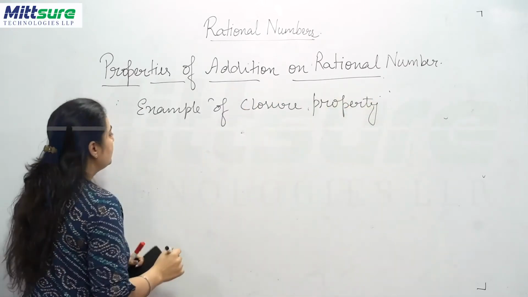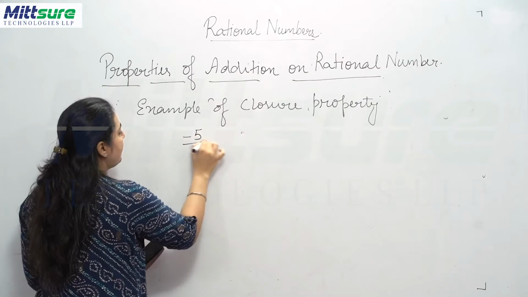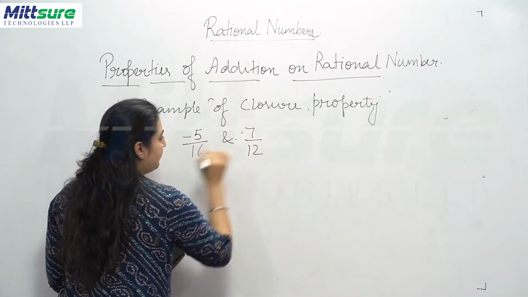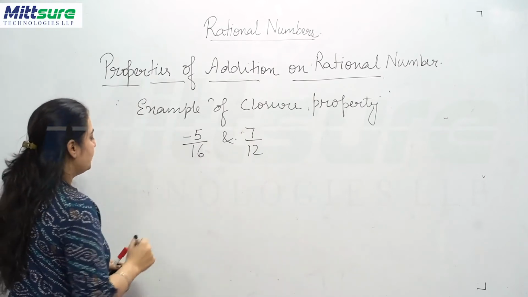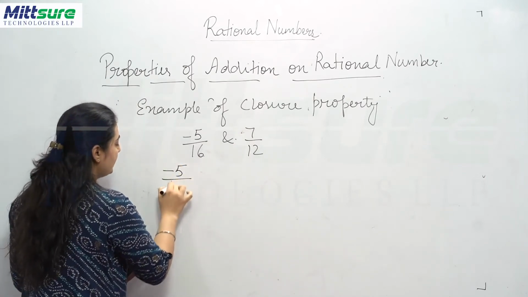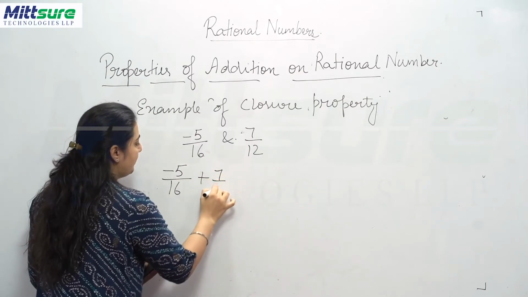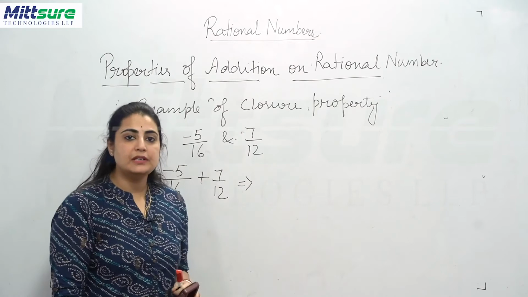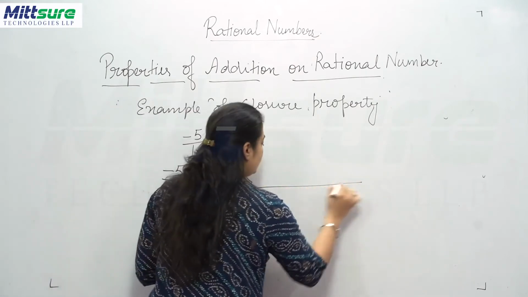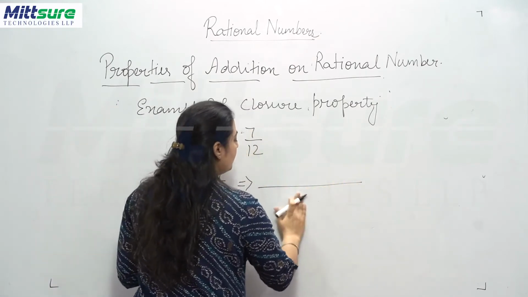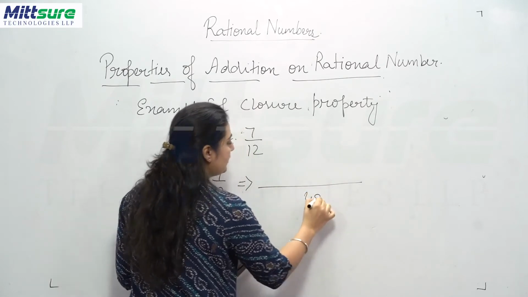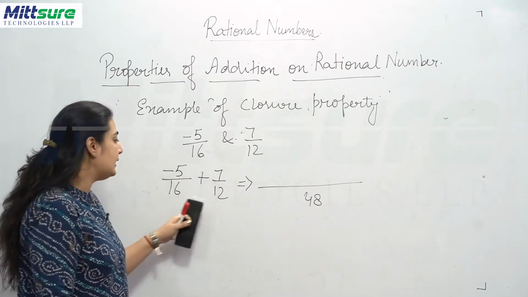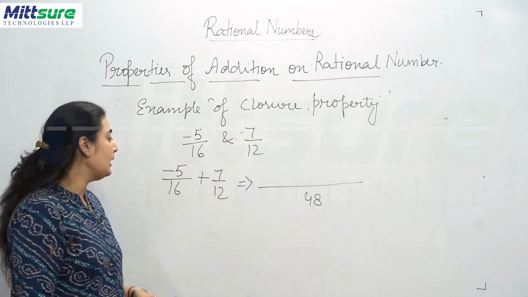Let me take two rational numbers, minus 5 upon 16 and 7 upon 12. I am going to add these two rational numbers, minus 5 upon 16 plus 7 upon 12. So first step, as we have discussed in the previous sessions, is to take the LCM. The LCM of 16 and 12 is 48.